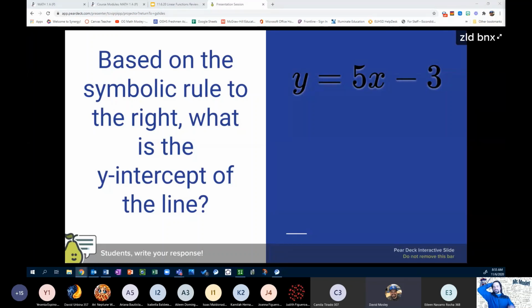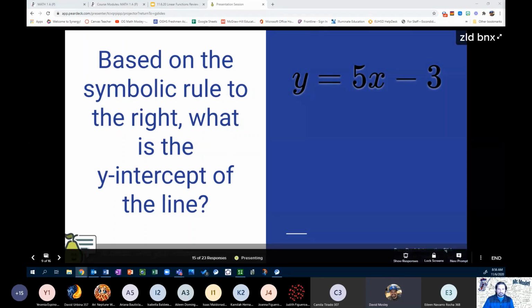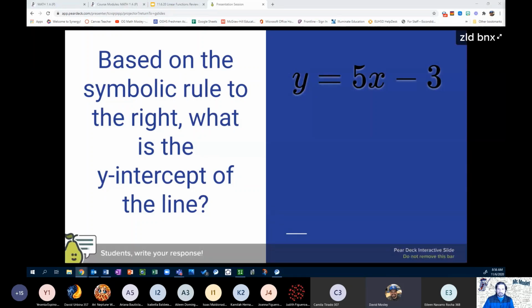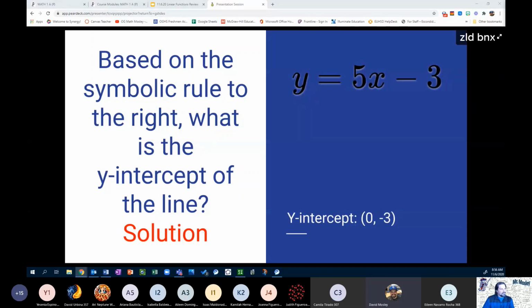All right, here is the solution. Based on this equation, the y-intercept is (0, -3).